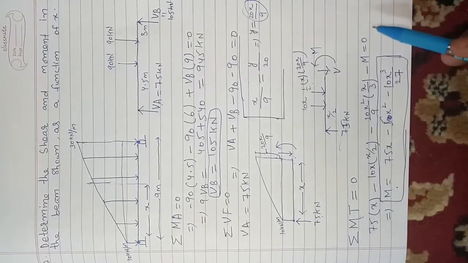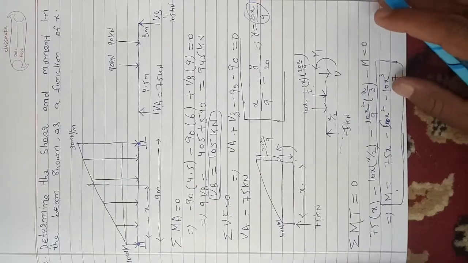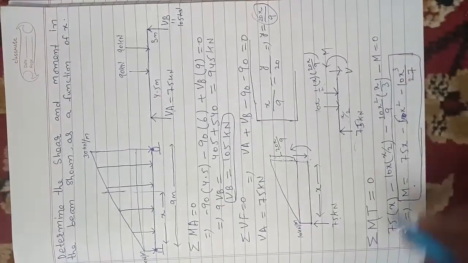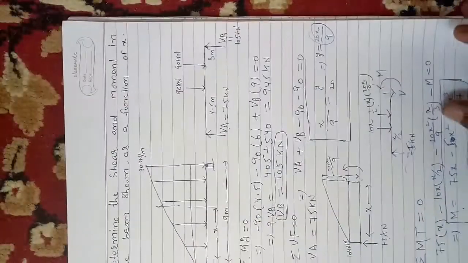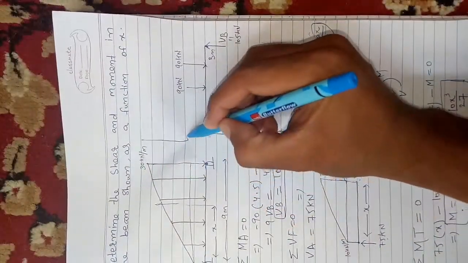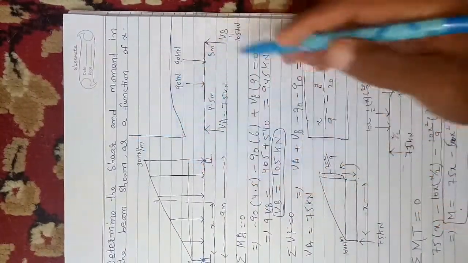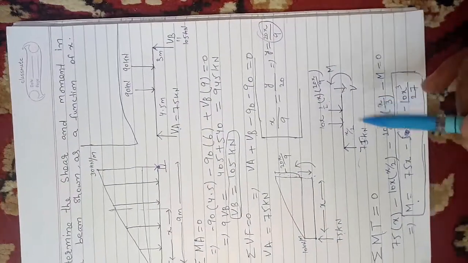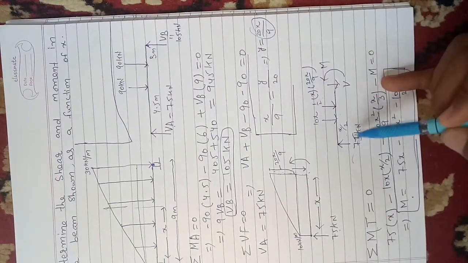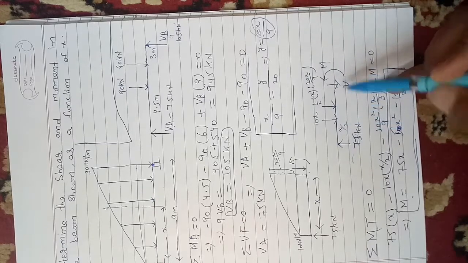Now I have to find the shear force as a function of x. For that we can write summation of vertical forces equals 0. So the vertical forces are 1, 2, 3 and 4 vertical forces.